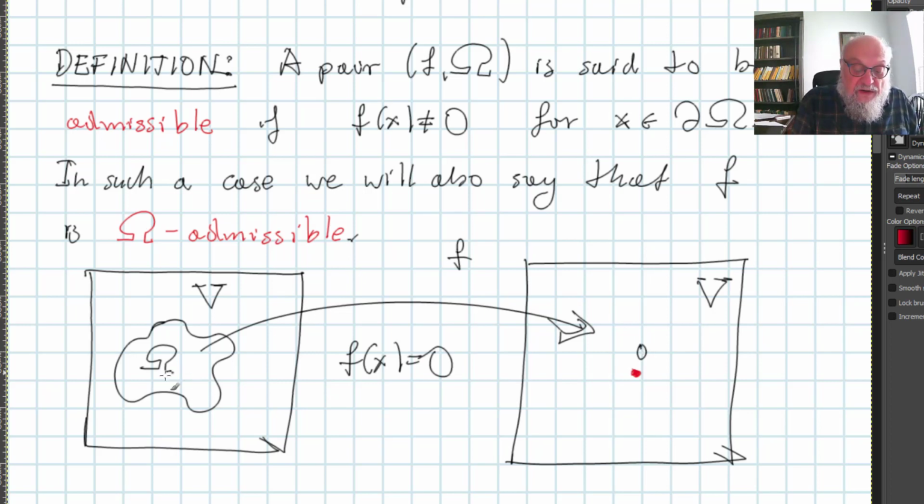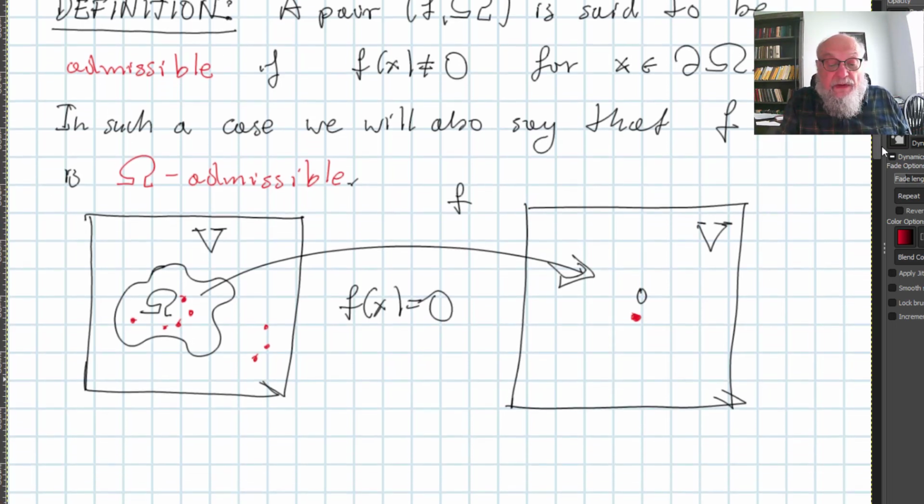Some of those solutions are inside omega, meaning in the interior, and then some of them are outside. The condition of admissibility means that the boundary is a separation between these two types of solutions. We will be interested in the solutions that are located inside the set omega.